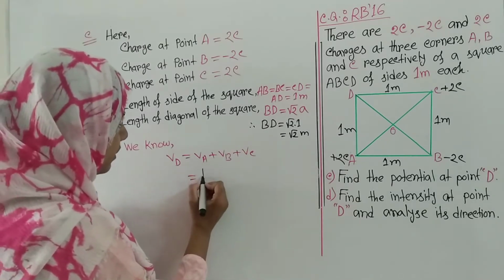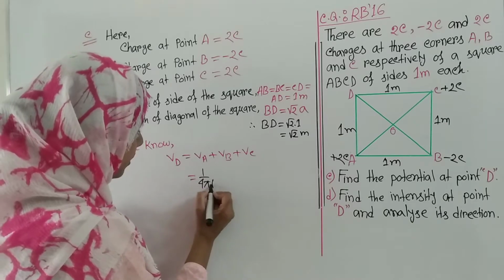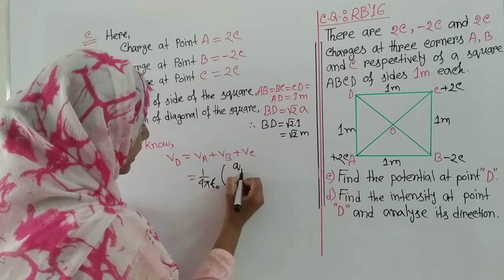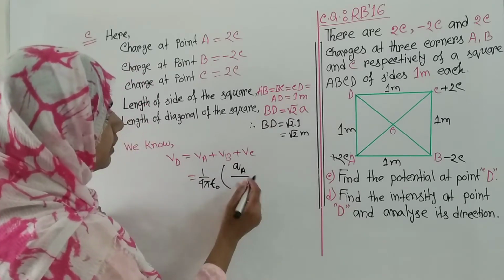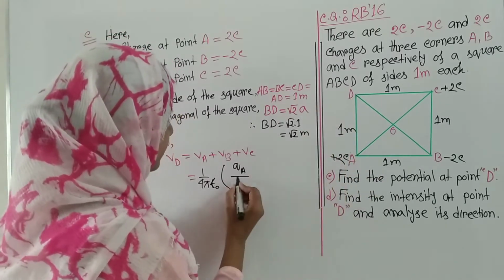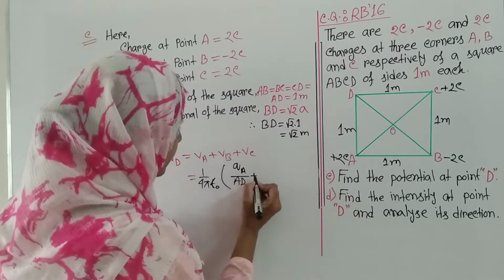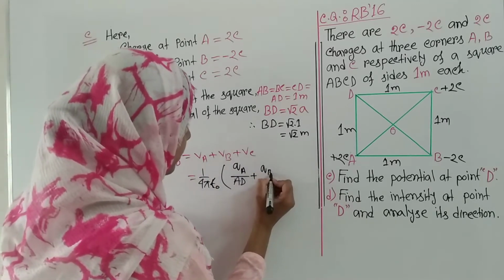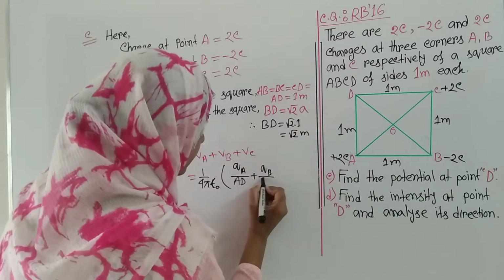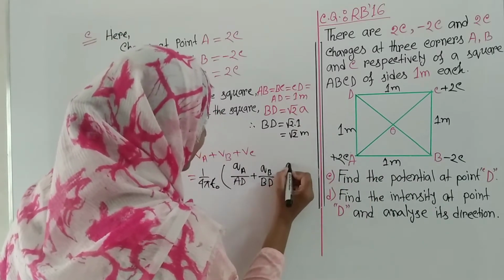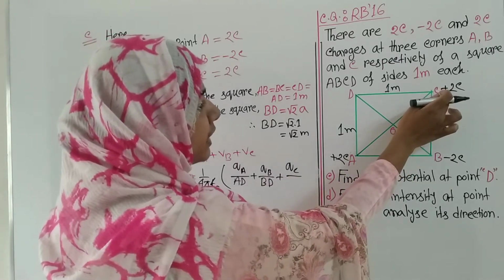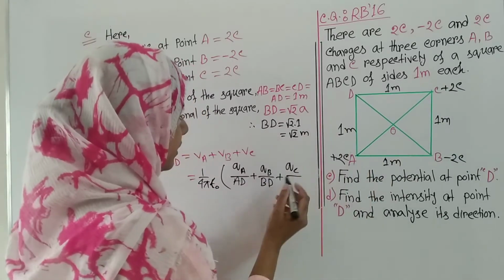So here we can write 1 over 4 pi epsilon naught into QA divided by the distance for charge A, which is AD, plus for charge B the distance is BD, plus QC divided by R. R means the distance for charge C, which is CD.